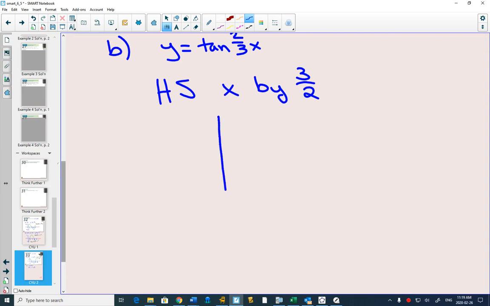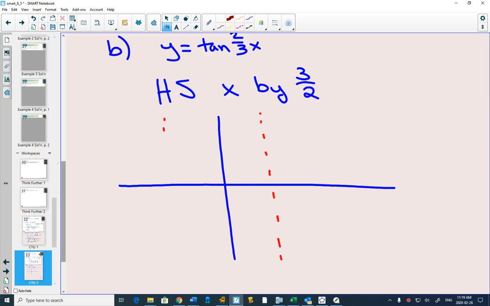Now, our tan graph originally had non-permissible value here, non-permissible value here, another non-permissible value, and a bunch of them continuing. I'll just do these 3.